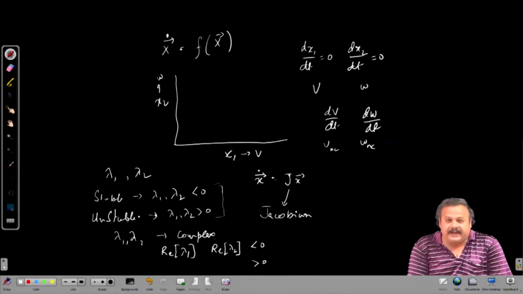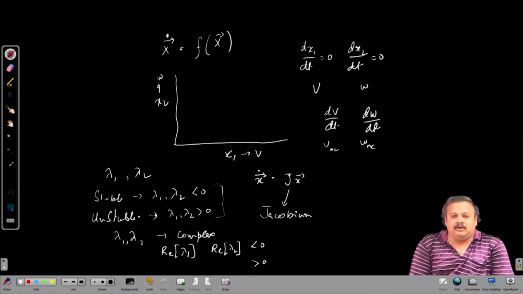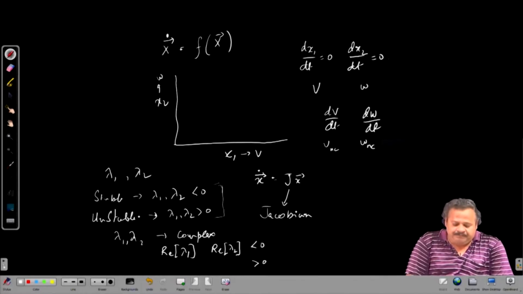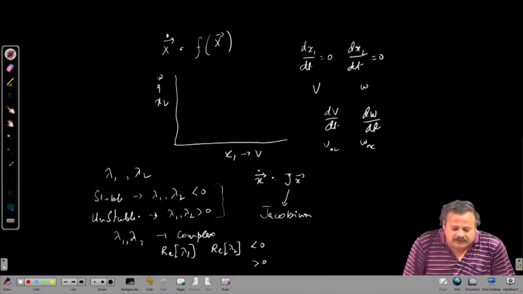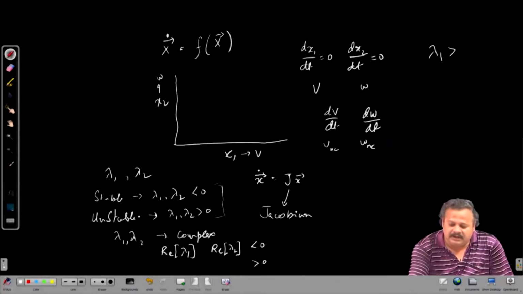When they are complex, the real parts of lambda 1 and lambda 2 cannot be of opposite signs, because we have all real values in the Jacobian matrix. So they have to be complex conjugates, and their real parts must be of the same sign. So the only case that remains is when, let's say, lambda 1 is greater than 0 and lambda 2 is less than 0.